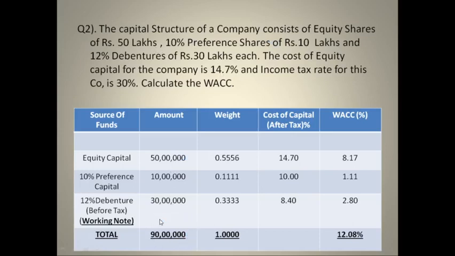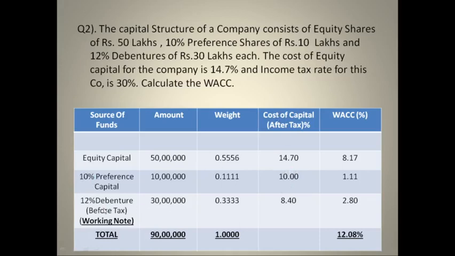Also the cost of equity is given as 14.7 percentage. And they have issued preference shares of 10%, meaning they have given 10% preference dividend, so the cost of capital is 10 percentage over here.